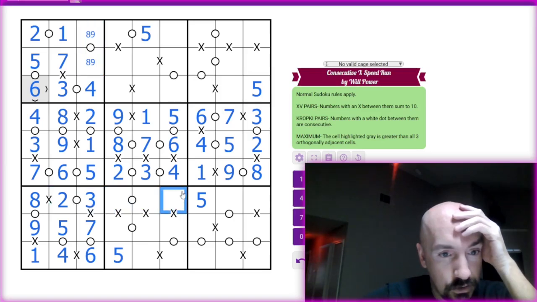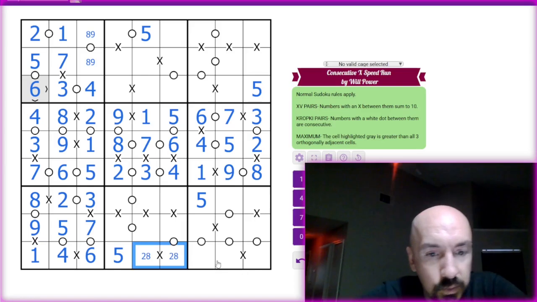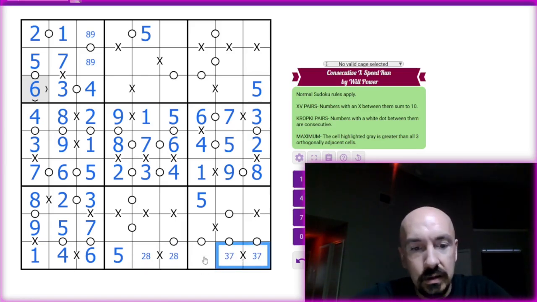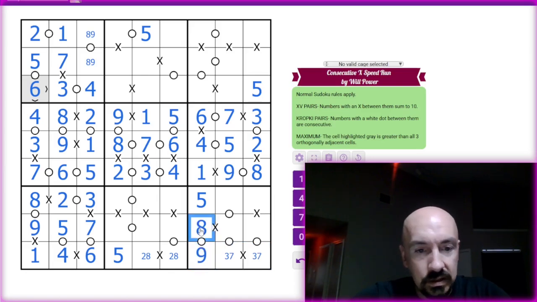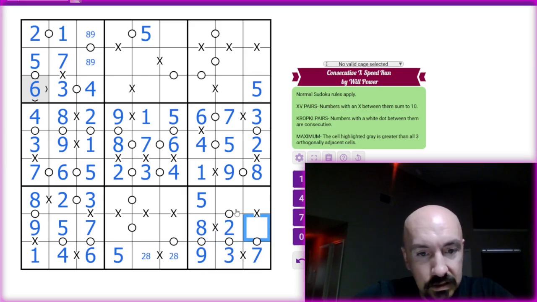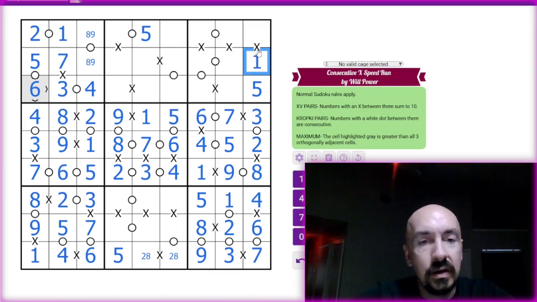Okay, so 2s, 2, 8. So these can't be, so the 2, 8 has to go down here, which puts this as a 3, 7, and then this becomes a 9, so that's going to be an 8. So that's a 2, which puts a 3, 7. That's going to be a 1. So then that's going to be a 6 and a 4, which places this as a 1, 9, and we can put 1 there, and that's a 9.